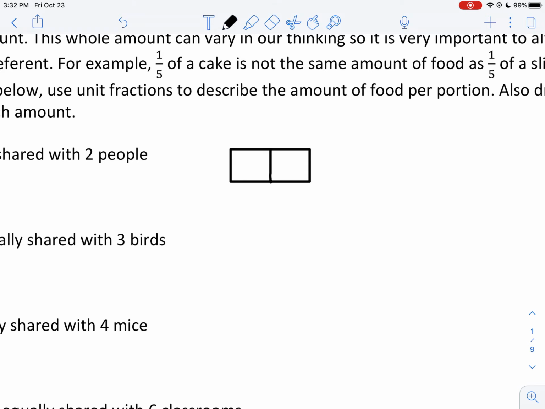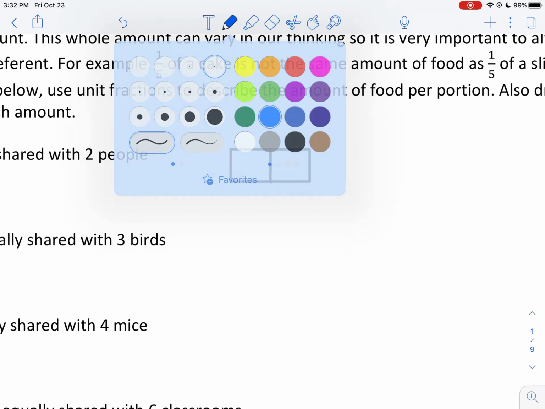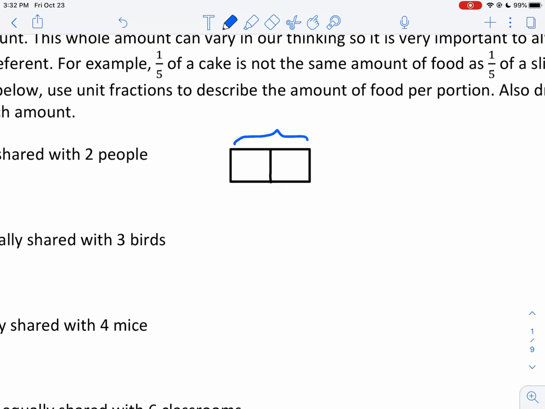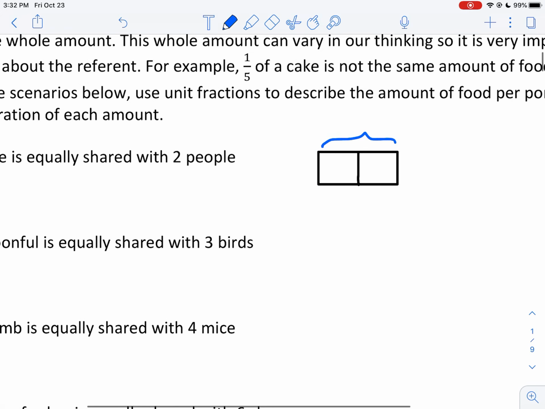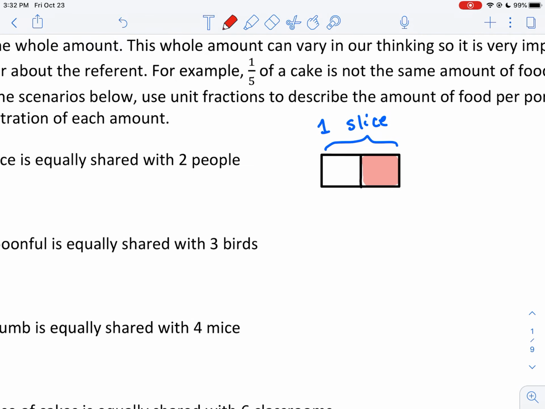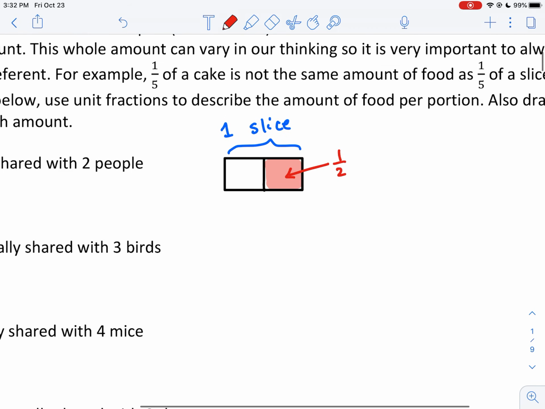And so once again, we have an amount that we're going to call the whole. So this represents the whole slice. And if that's the case, then this portion here would represent what we call 1/2. Now, the symbol we do is a 1 over a 2. This is 1/2 slice.